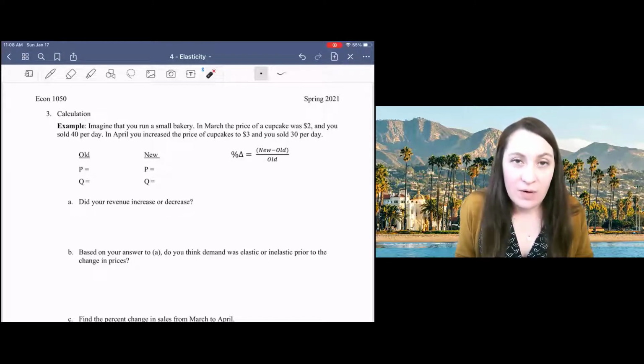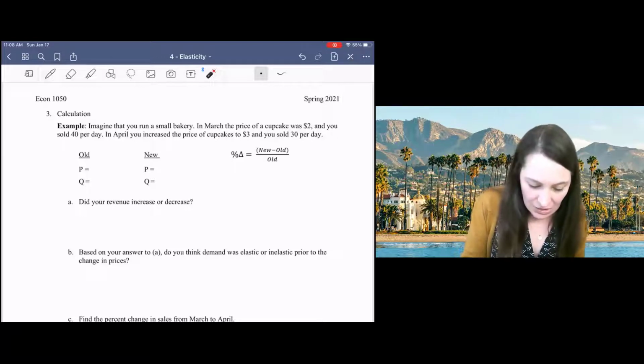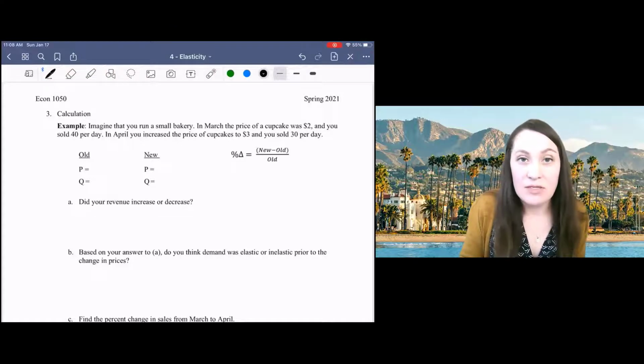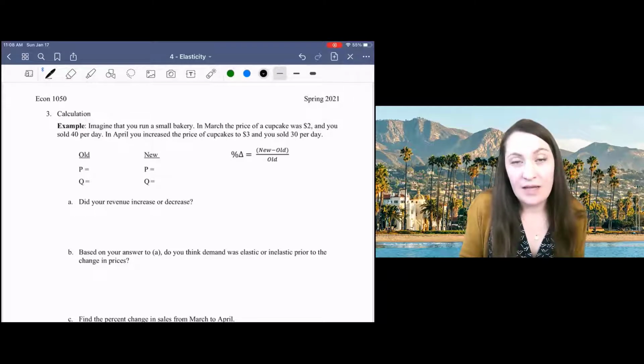As I mentioned, we will always be calculating elasticity at a certain point along the demand curve. So when we're analyzing these price changes, we'll want to identify the old point and the new point.